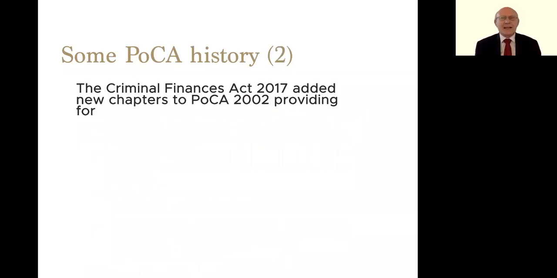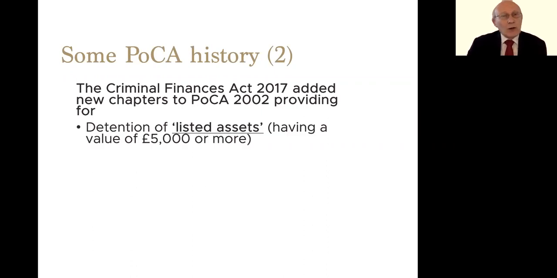The Criminal Finances Act 2017 added new chapters to the Proceeds of Crime Act 2002. And again, these new chapters are related to the assets. They're not related to the individuals who own the assets. To use technical terminology, we're talking in rem rather than in personam.